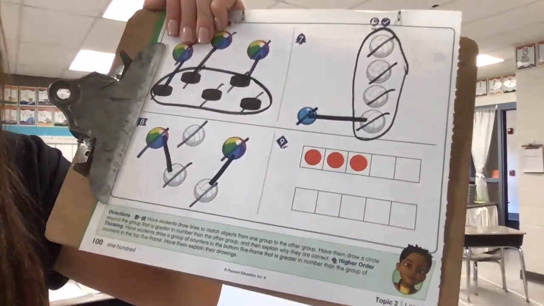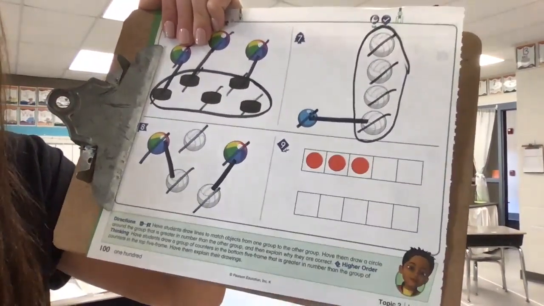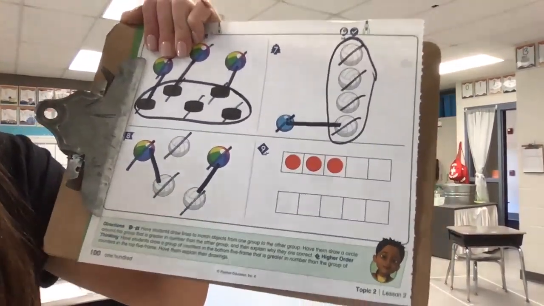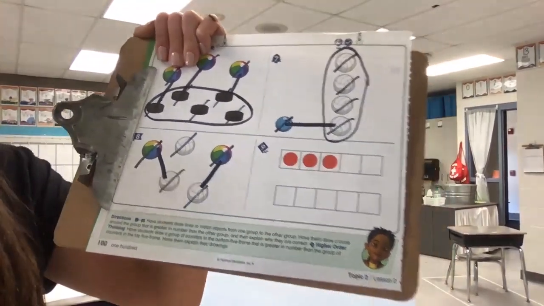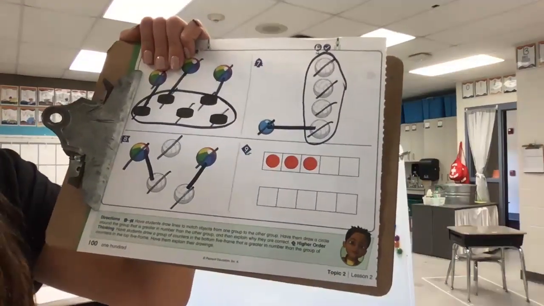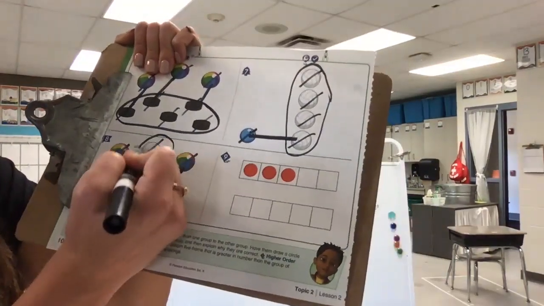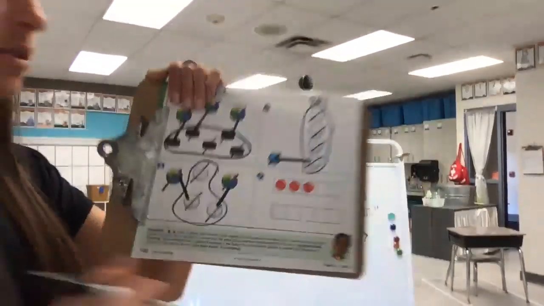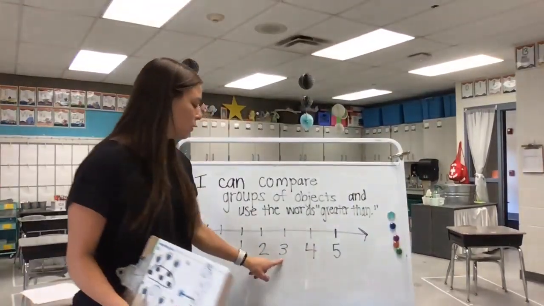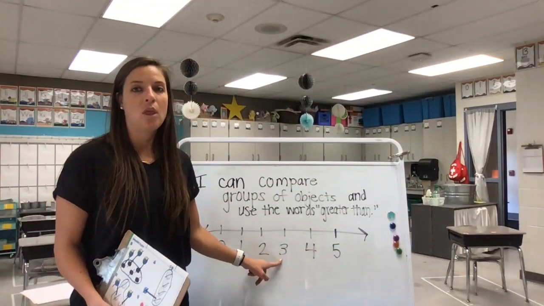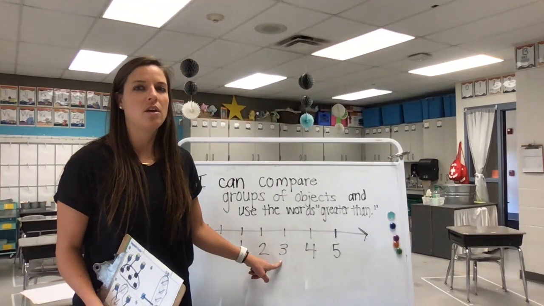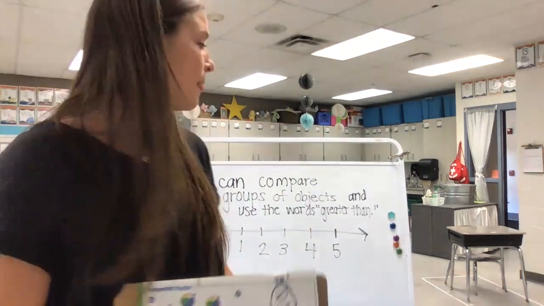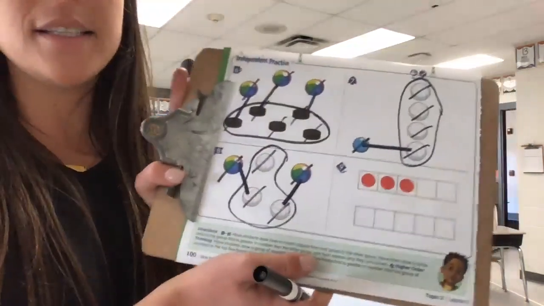There's 1 that is left in what group? The volleyballs. That shows that there's 1 more volleyball than there are beach balls. So which group of balls do we need to circle? Volleyballs. Good job. It's only one more though, but it's still greater. So let's say this together. 3 is greater than 2. Very good. All right. Excellent job.